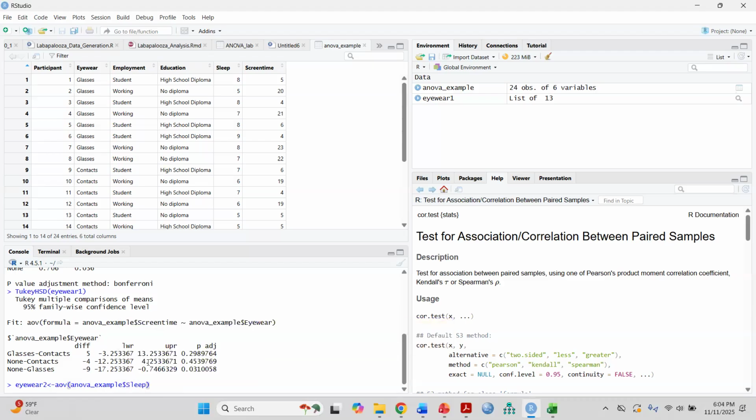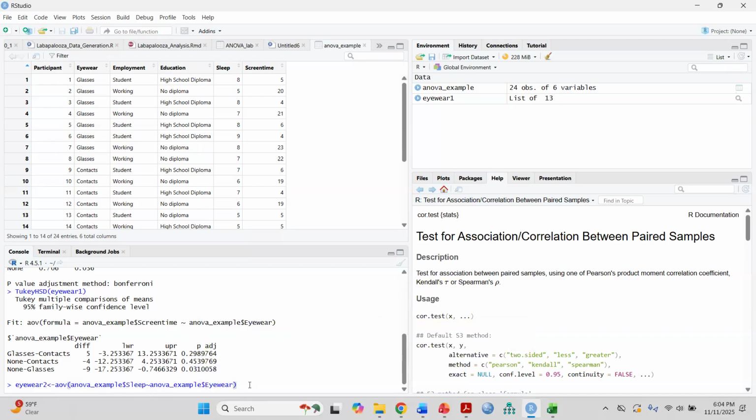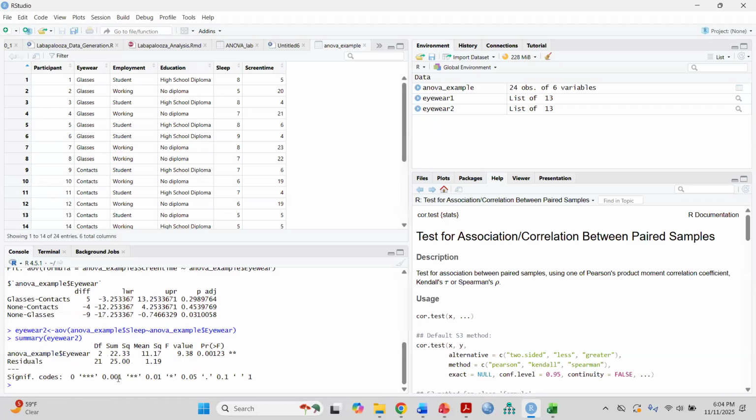Sleep is the dependent variable, and we're going to put in a tilde, and then specify our independent variable, which is the eyewear group. Again, it's not going to do anything right away. You have to put in the summary of, in this case, I wear two, and it's going to give us this output.